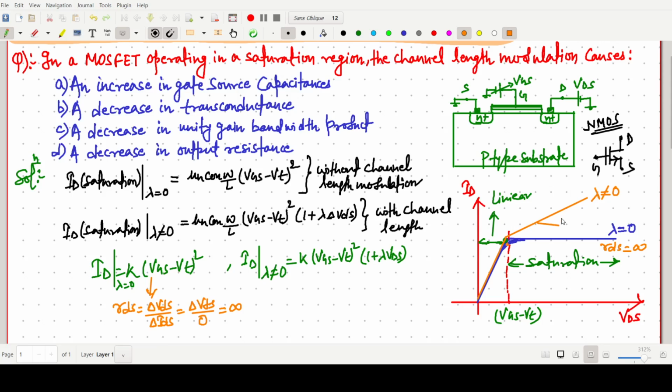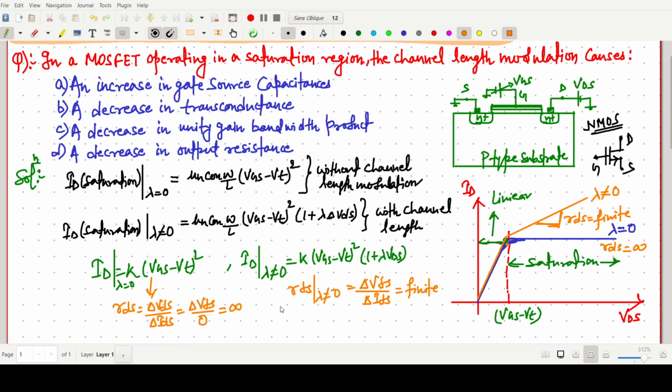But in the other case, there must be some slope, so RDS will have some finite value.